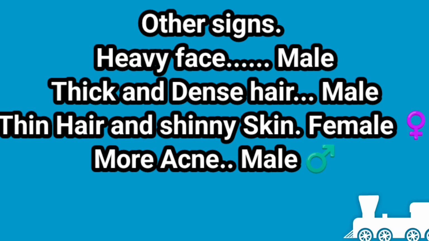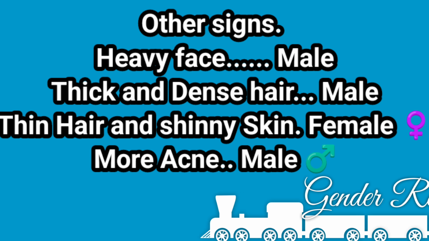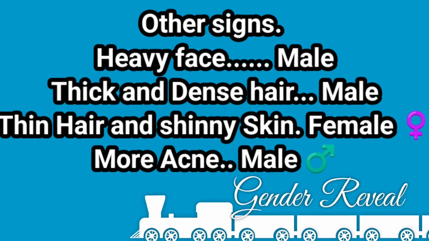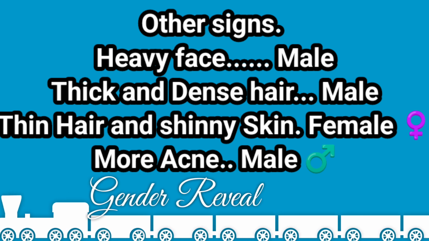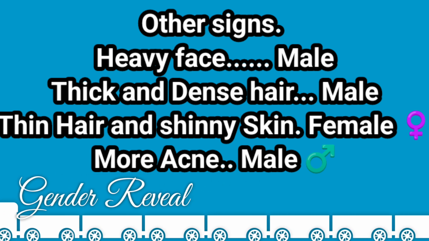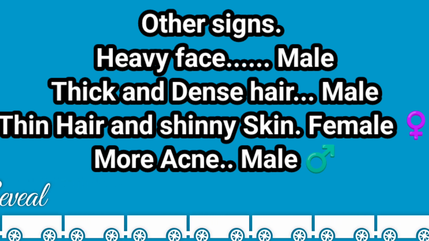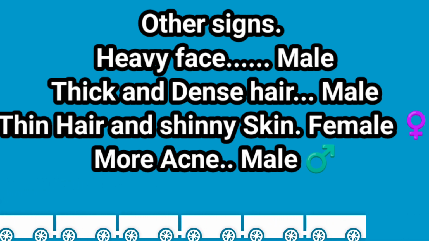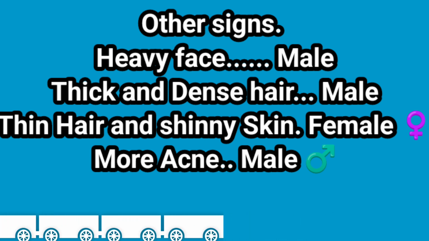So there are some other signs that can show you the gender within the pregnant lady. A heavy or bulky face in the female may show a male gender. Thick and dense hair over the female body can predict a male baby within the uterus.